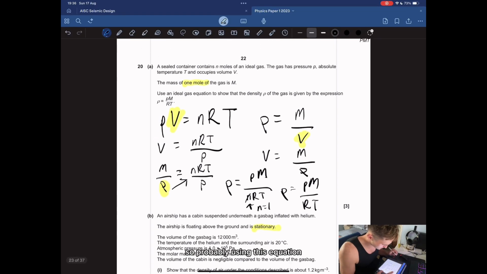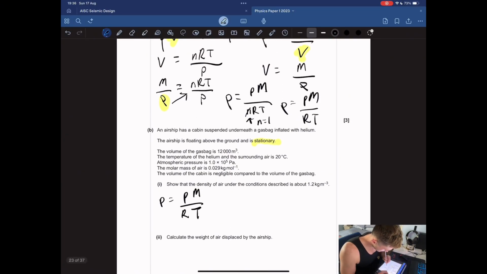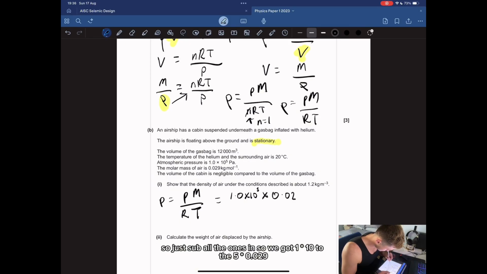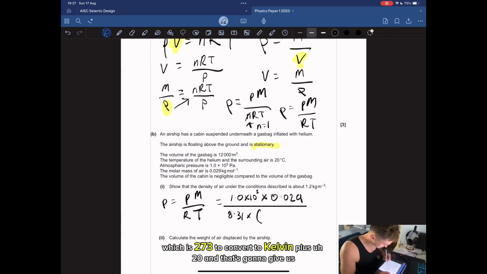So probably using this equation, density equals pressure times molar mass over R times temperature. So just sub all the ones in. So we've got 1 times 10 to the 5 times 0.029 over R, which is 8.31, times by temperature, which is 273 to convert to Kelvin, plus 20.